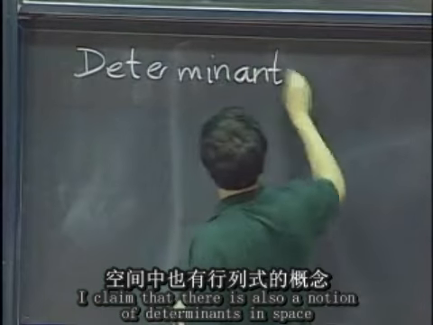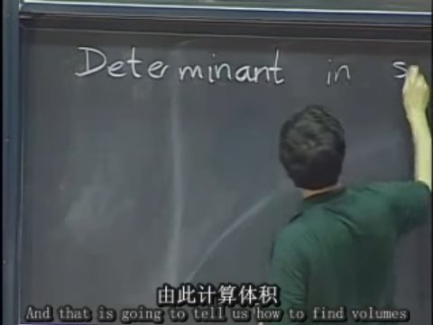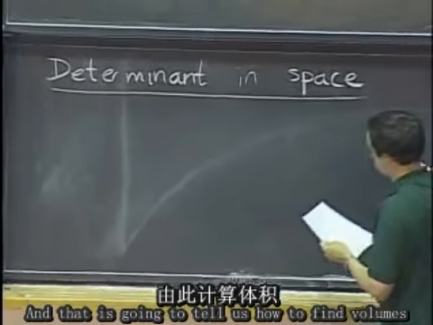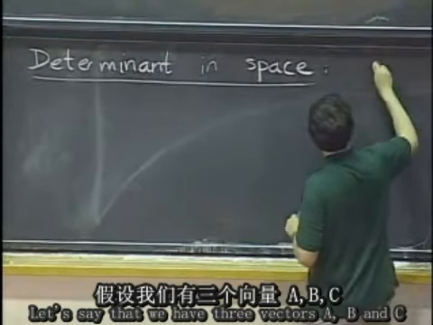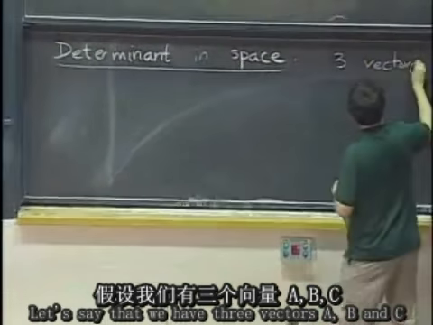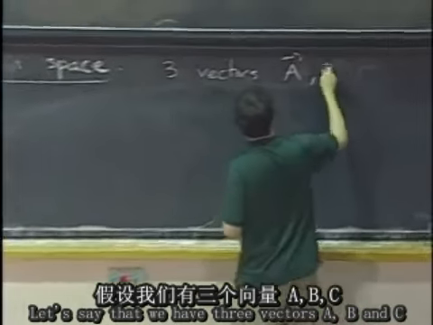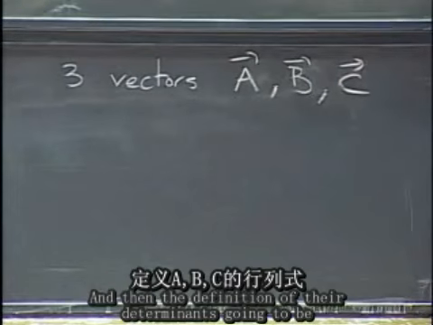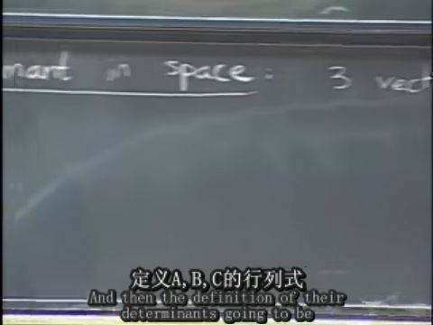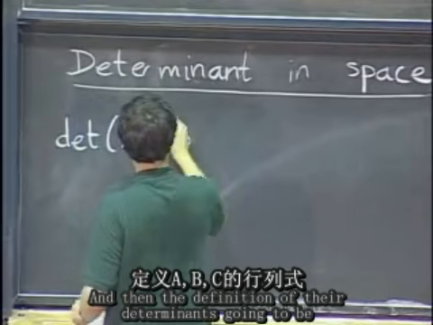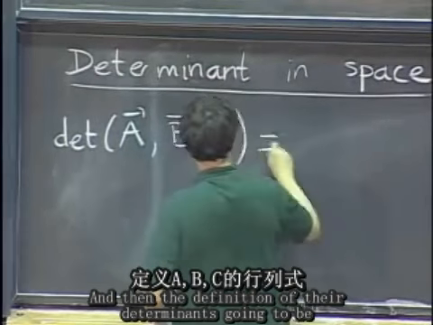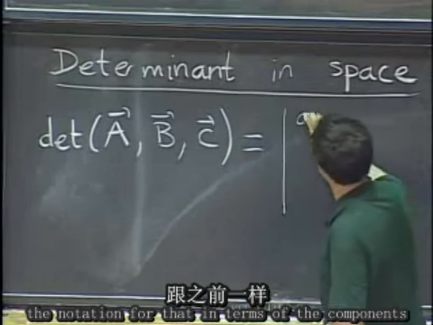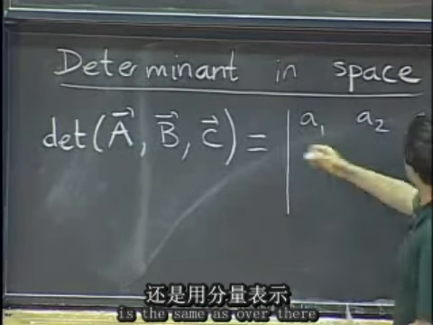So I claim that there's also a notion of determinant in space, and that's going to tell us how to find volumes. So let's say that we have three vectors, A, B, and C, and the definition of their determinant, the notation in terms of the components, is the same as over there.